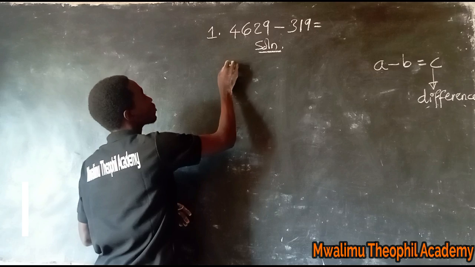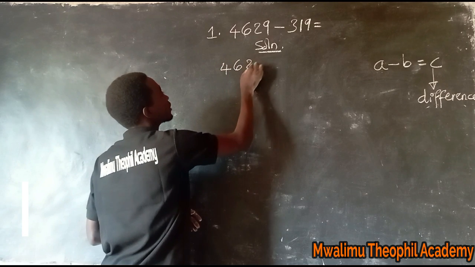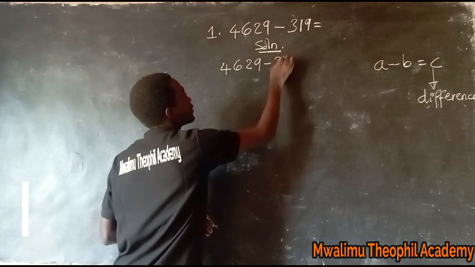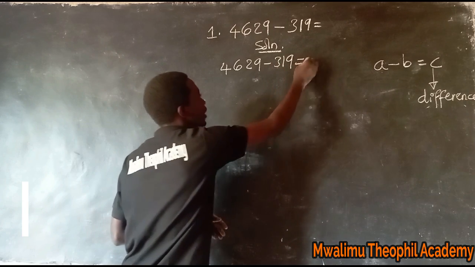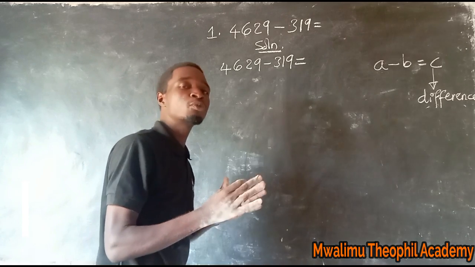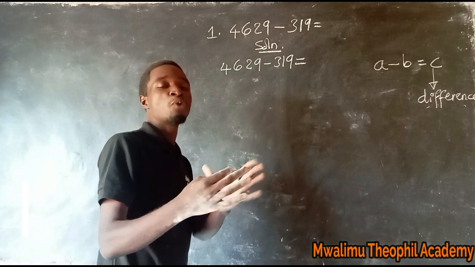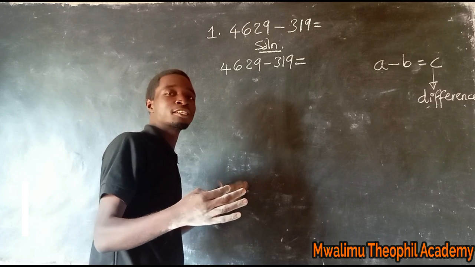Here I'm going to write them horizontally. We have 4,629 minus 319 is equal to, let us start. How do we subtract? You start with the digits on the most right hand side towards the left hand side digits.